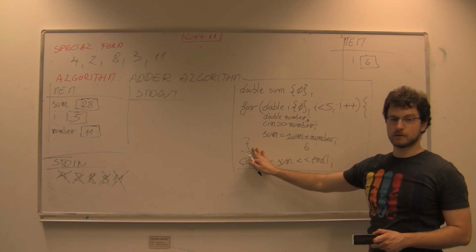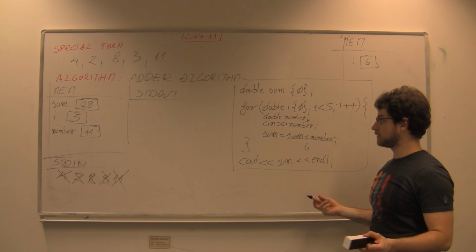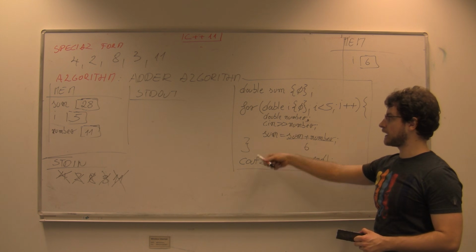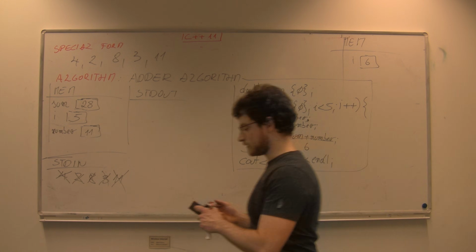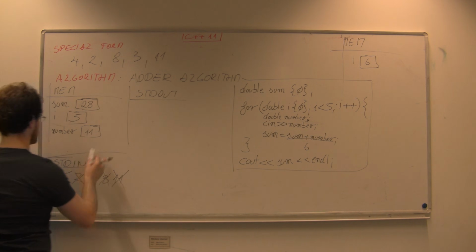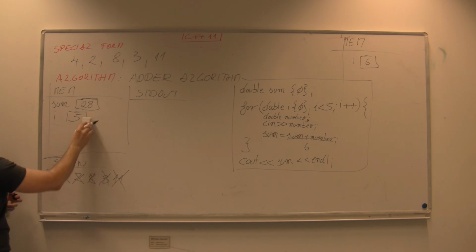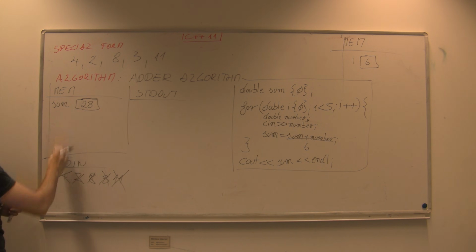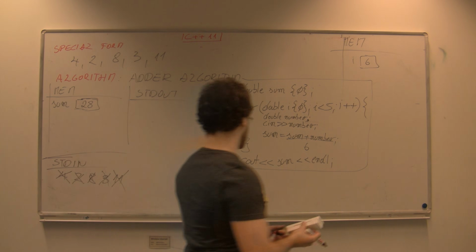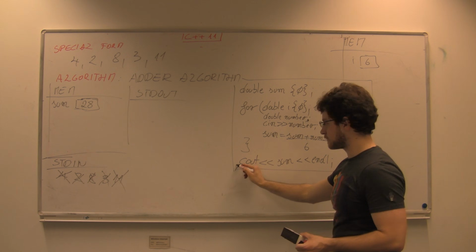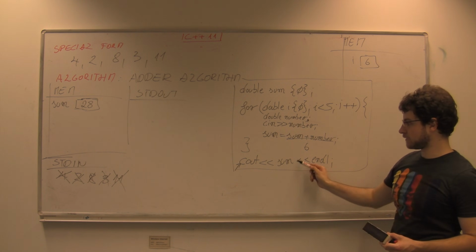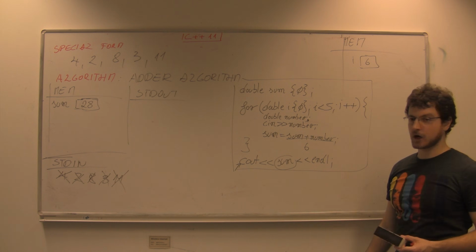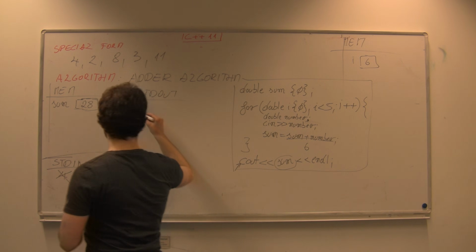Once the loop is terminated, we have to remove all the variables that are introduced in the body and in the header or in the initialization part of the loop. So we remove number and we remove I. The last thing to do is to execute this statement here. And this statement sends the value of the variable sum to standard output, and that value is the number 28.